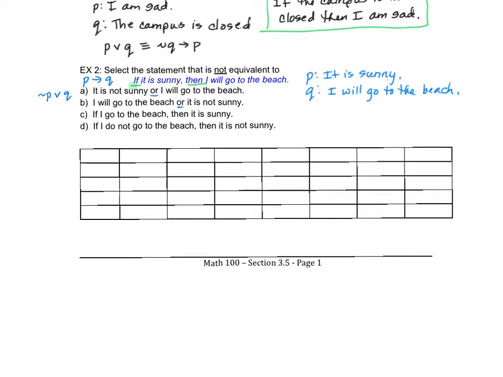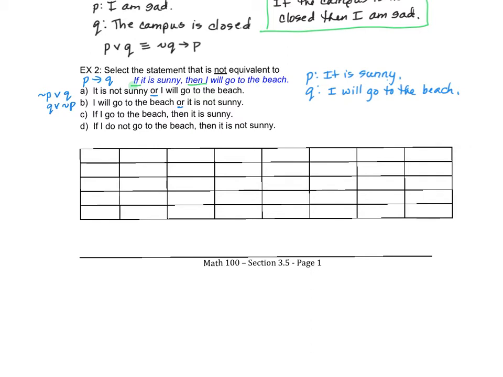So I will go to the beach is Q, or it is not sunny would be not P. If you look at A and B, they're kind of the same, right? Because with or, it doesn't matter the order. Did you write the not P and the Q? They should have the same truth value. So I can see that A and B are actually equivalent to each other.